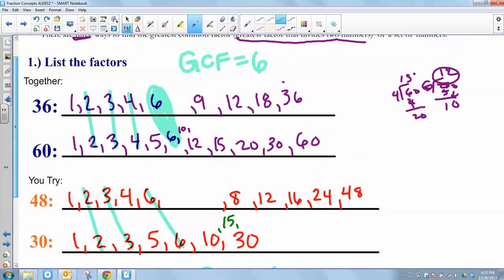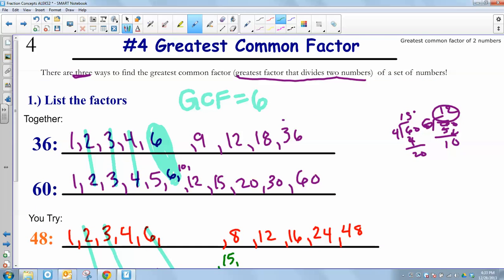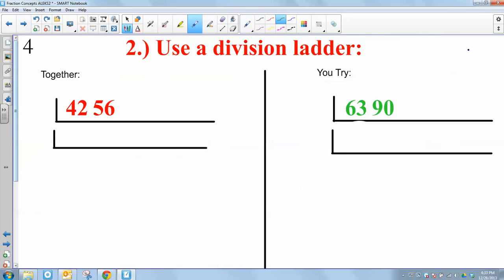So one way that we can find the greatest common factor is to make a list of our factors. The next way we can use to find the greatest common factor is what's called a division ladder. So I want to find the greatest common factor between 42 and 56. I'm going to figure out what's a common factor between 42 and 56.